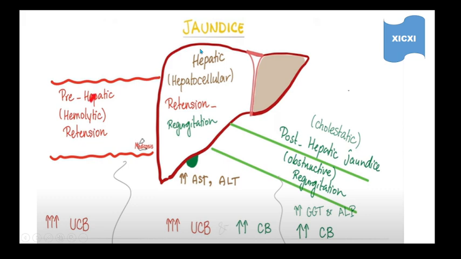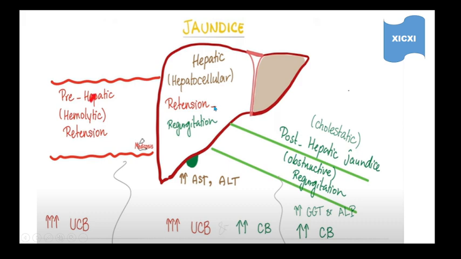Another type is jaundice caused by a liver problem. We have seen in bilirubin metabolism that the liver has the role of conjugation, where it takes unconjugated bilirubin and adds UDP glucuronic acid. Once this conjugation is not happening, unconjugated bilirubin will increase because it cannot be conjugated.